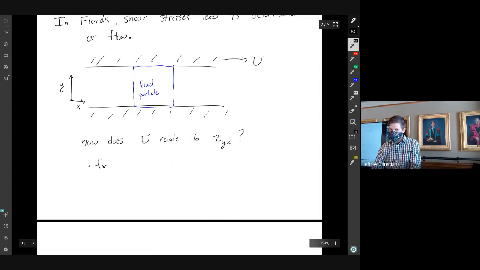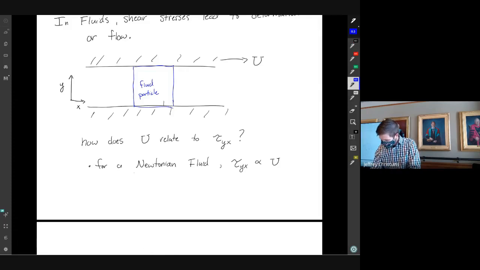For what we call Newtonian fluids, Newtonian being like Isaac Newton, for a Newtonian fluid, the stress is proportional to U. And I'll underline Newtonian, right?